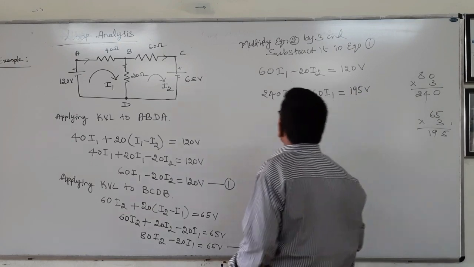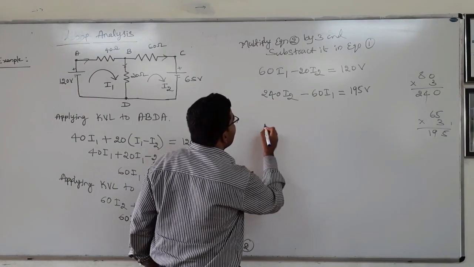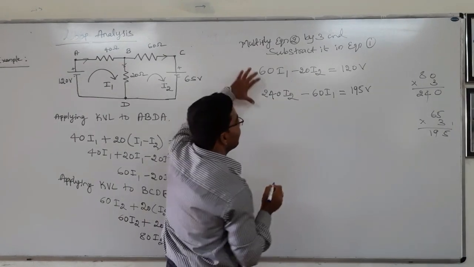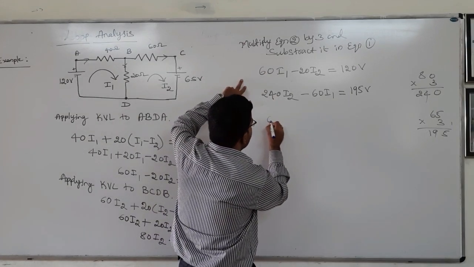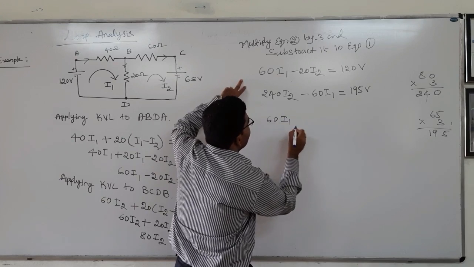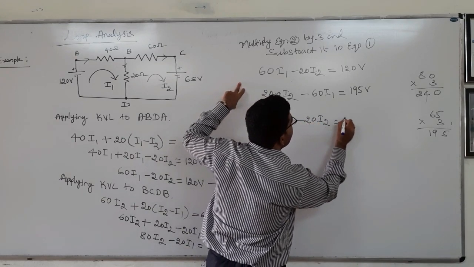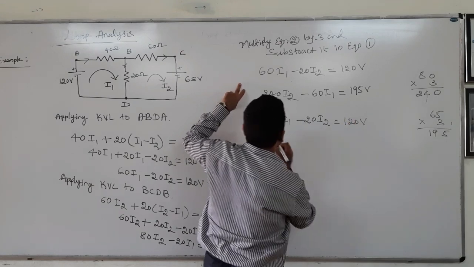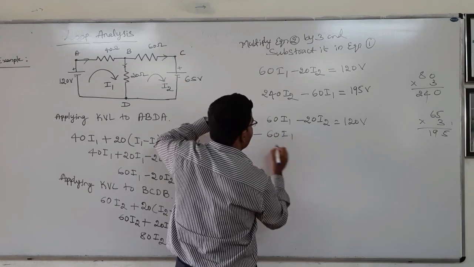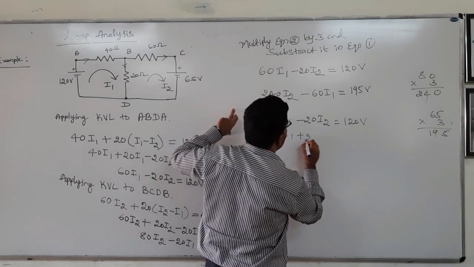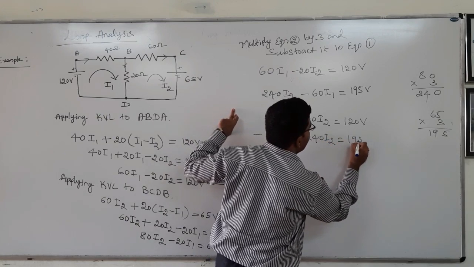Okay, so I have to simplify this equation. So for simplifying, I will rearrange the equations. That is, first I will consider I1 on one side, then I2 on another side. Minus 60 I1 plus 240 I2, then 195.